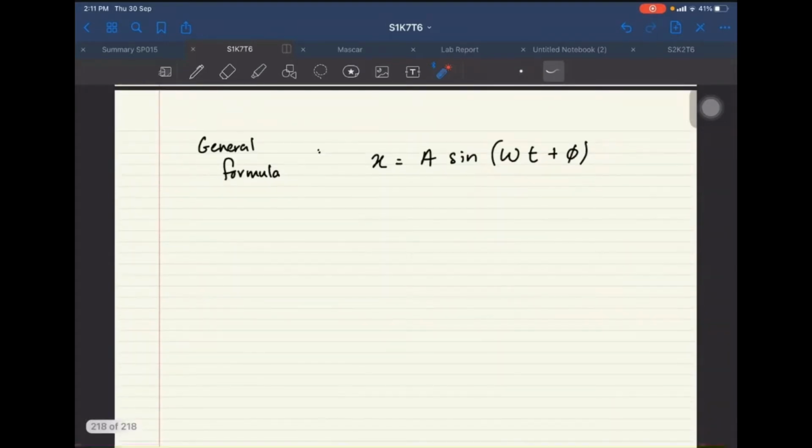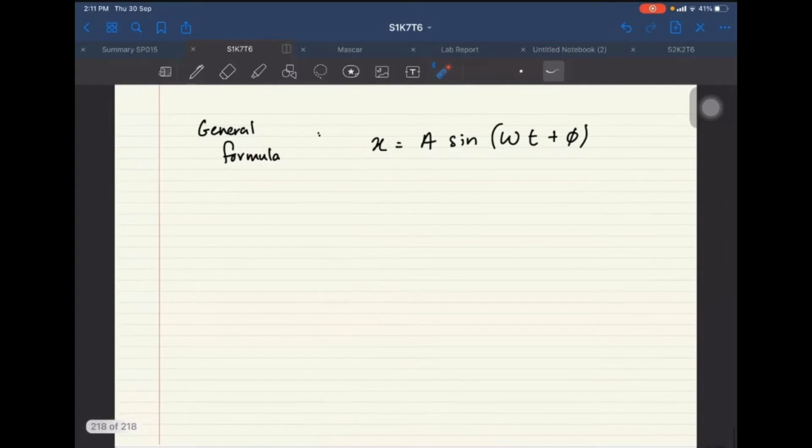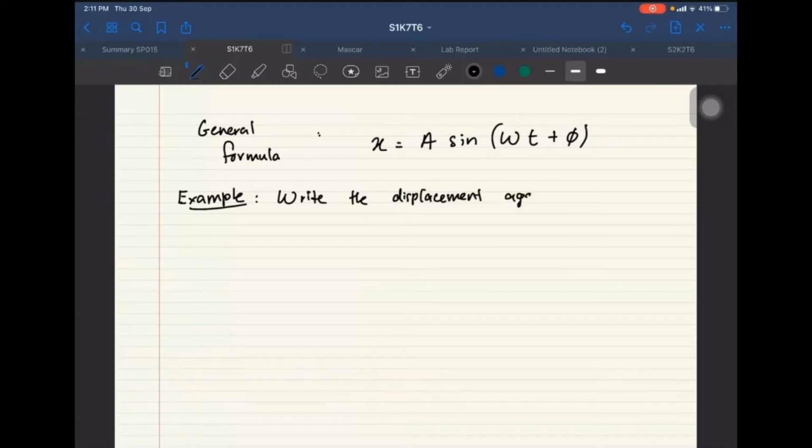Now, going back to here, let's see if I give you an example. Okay, so the question will want you to write the displacement against time equation.